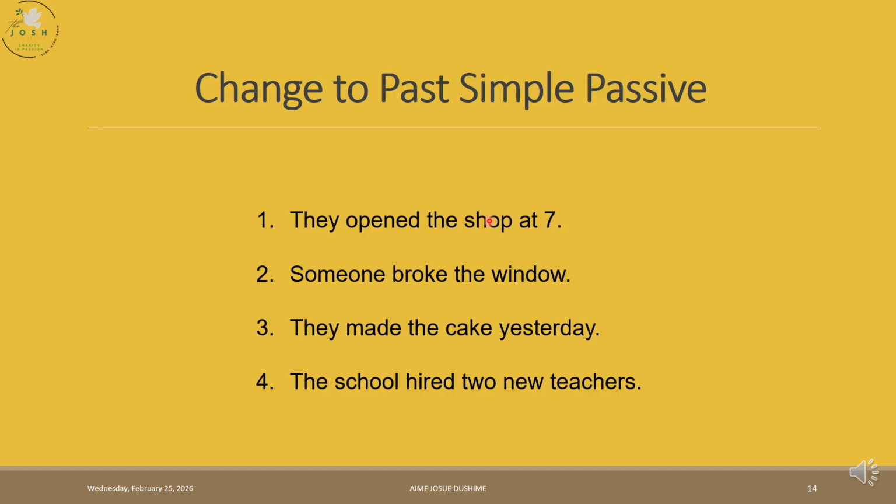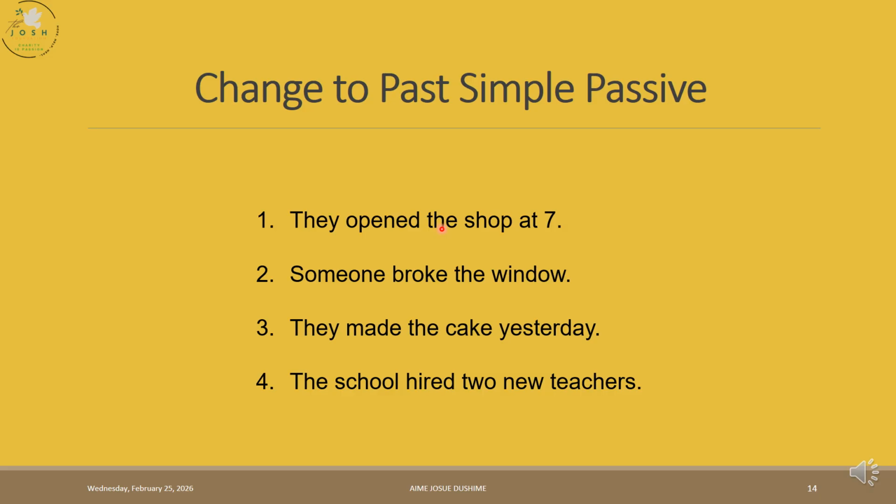So we say the shop, then because we are in a past passive, they opened is a past. Because the shop is singular, we use the shop was. V3 of the verb stays as opened. The shop was opened, then we add this. The shop was opened at 7 by, there it changes to them.